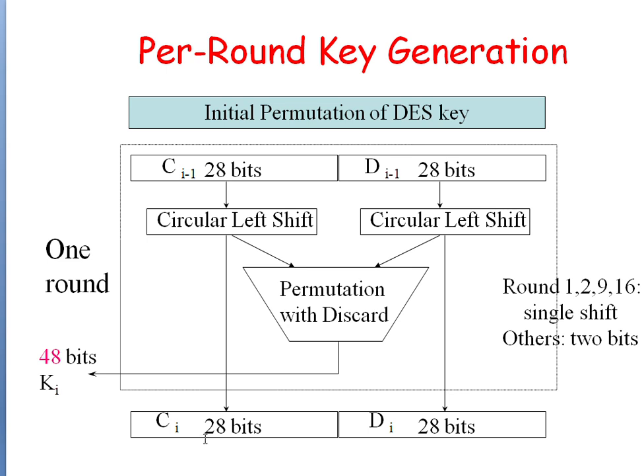This is given for the next round as 28 bits. Rounds 1, 2, 9 and 16 have single shift operations, and the other rounds have 2-bit shift operations. In every round a key is generated, and this key is given to the encryption operations.